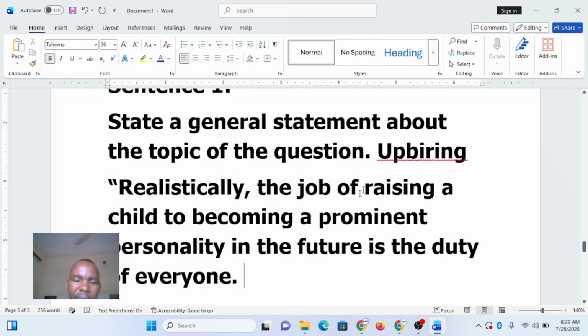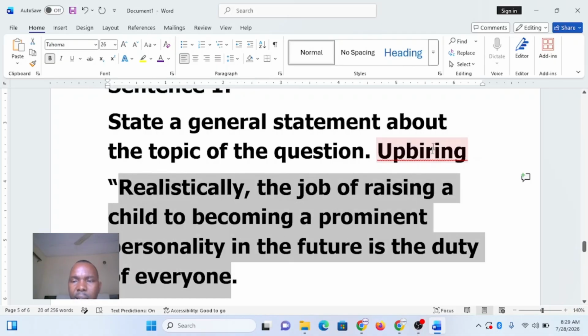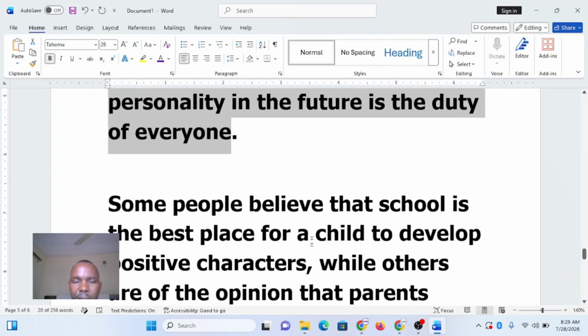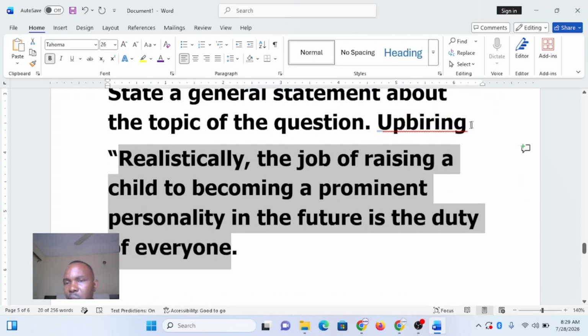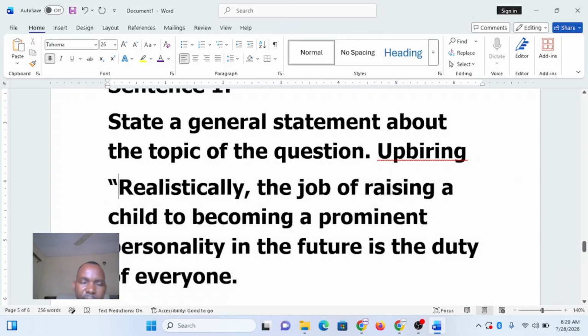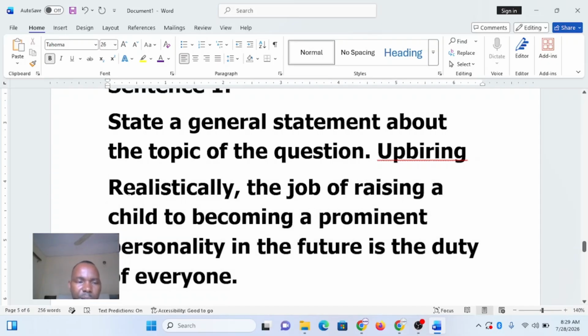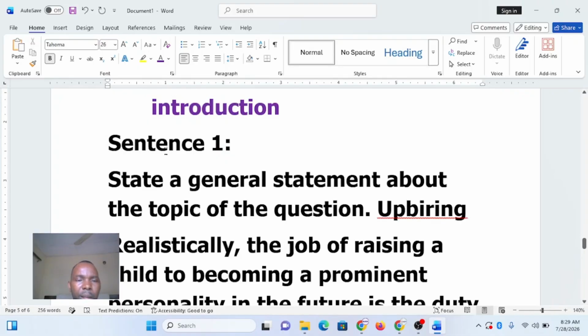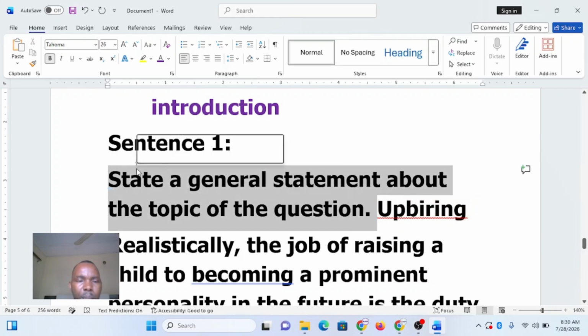So this is an example of a general statement. This general statement now is specifically about the topic which I have seen. This topic is talking about raising a child or child upbringing. So in my writing of the essay now, this is going to be my first sentence. So again, sentence one is to state a general statement about the topic of the question. That is the first sentence.